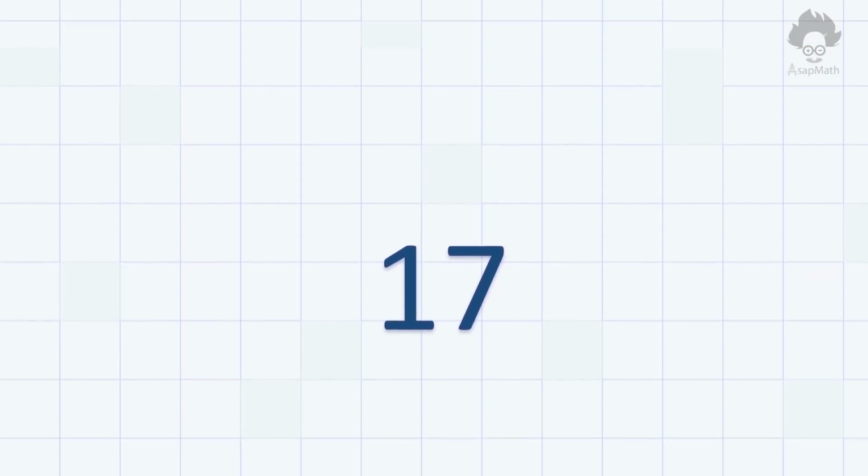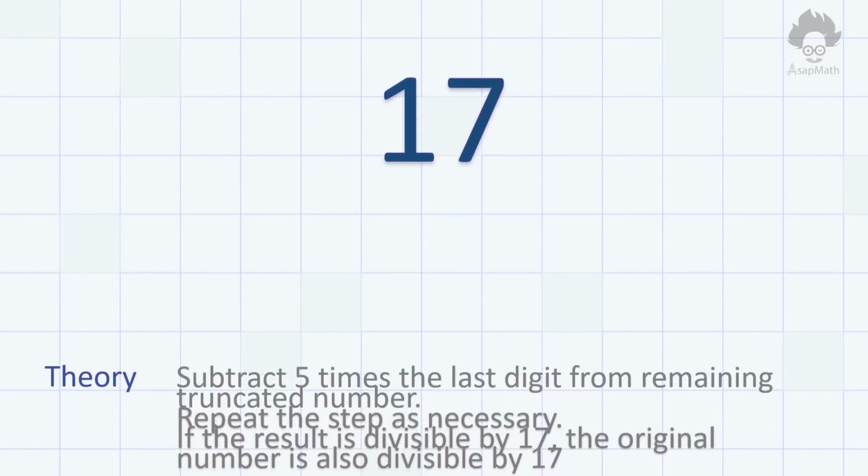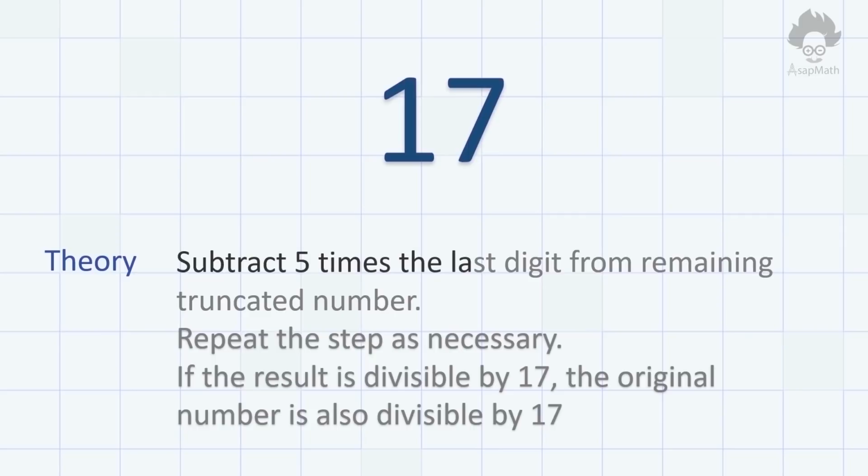Move to number 17. Subtract 5 times the last digit from the remaining truncated number. Repeat the same step as necessary. If the result is divisible by 17, the original number is also divisible by 17.